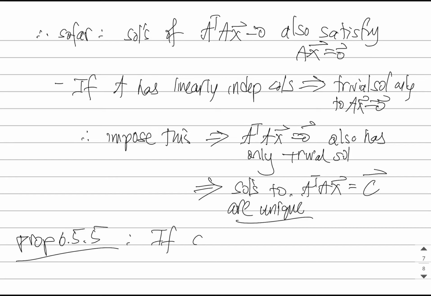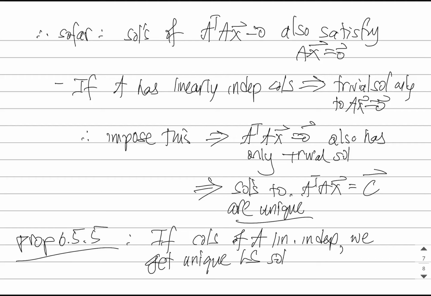So if the columns of A are linearly independent, then we get a unique least squares solution from the normal equations. And that's going to be important because in the next video, we're going to talk about how to do this system in a different way that will require this.